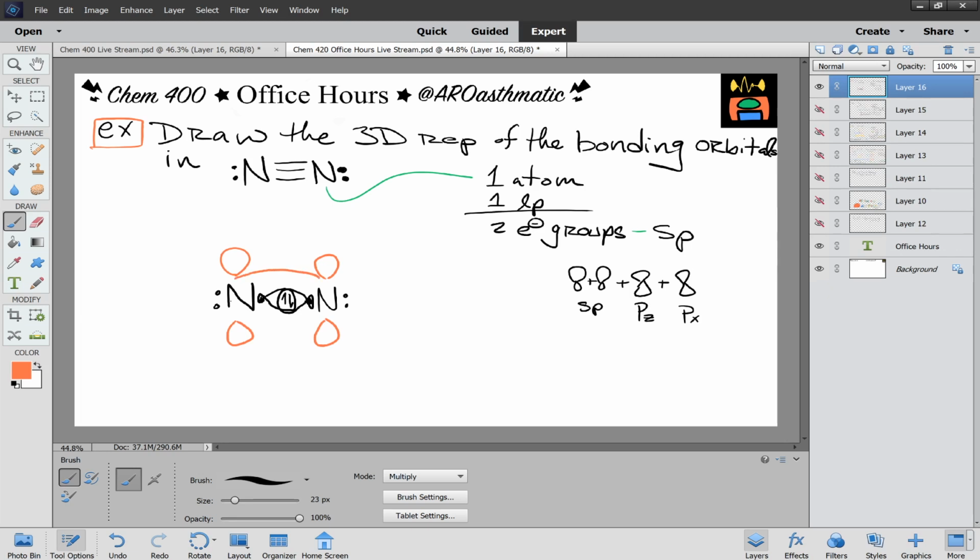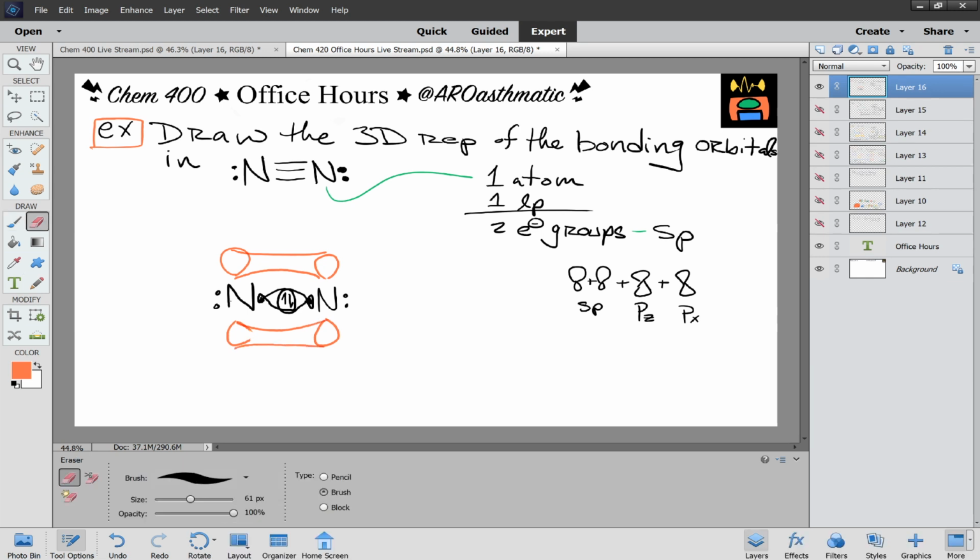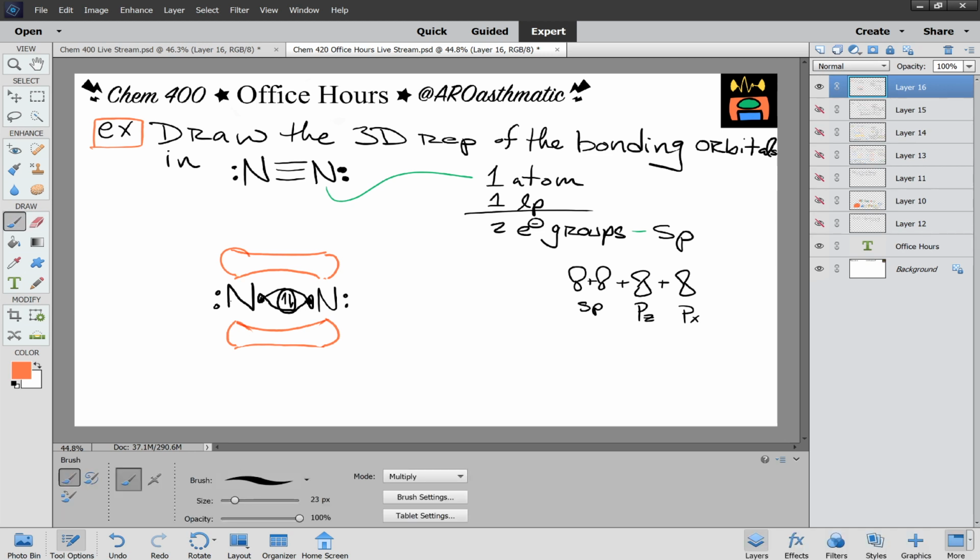So you do that by drawing the 2 p orbitals and then connecting them, kind of blurring them together. Half of this thing is shaded. We have the electron from each one. They get to meet in the middle, and that is our first pi bond.